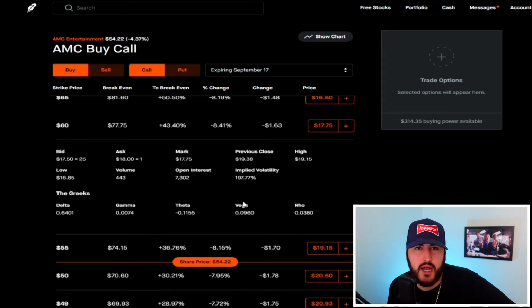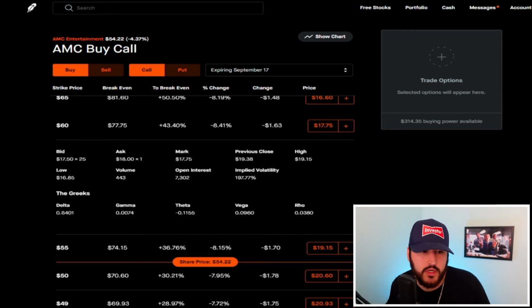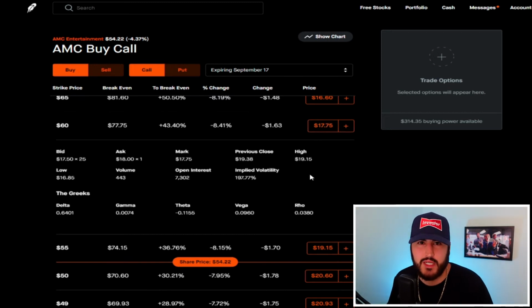The other two Greeks, I'm not going to dive into too much. The Vega is based off of volatility, and that's all you really need to understand. The two Greeks that you need to know are delta, which is the change in option price given a $1 change in the stock price, and theta, which is the decrease in option value each day because of time decay.